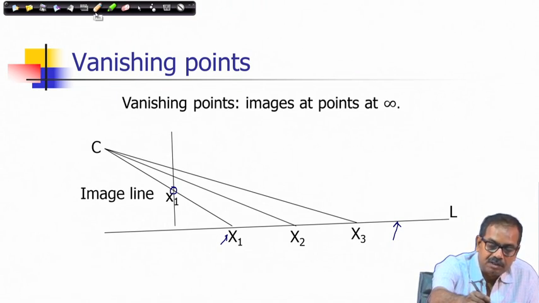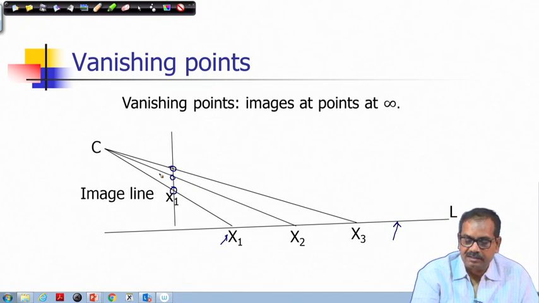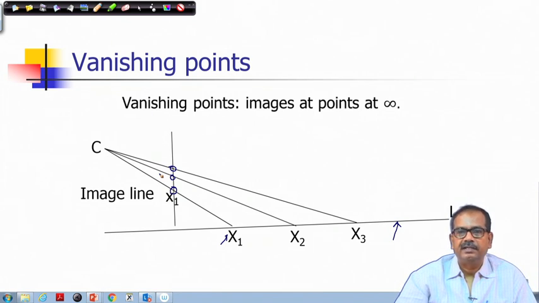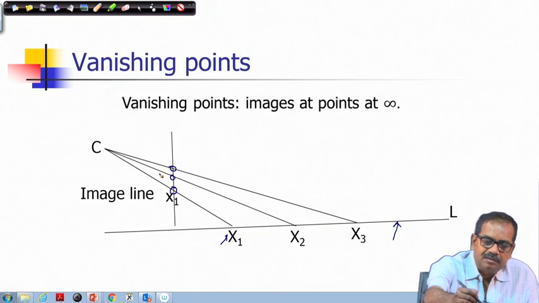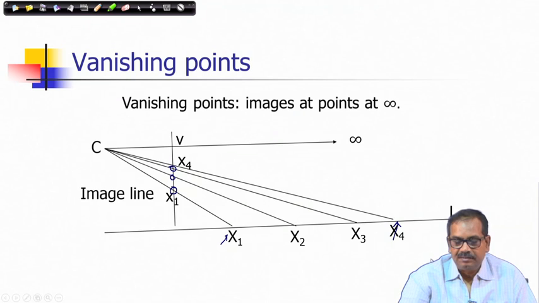These are the corresponding images that you are observing, and if you go on doing this, finally, as you understand, there is a limiting point beyond which you will not get any intersection point, because once your projection ray becomes almost parallel, two parallel lines only intersect at the point at infinity. So, what we can observe is that if you go on doing this, finally there exists a limiting point B which is defined geometrically in this way.